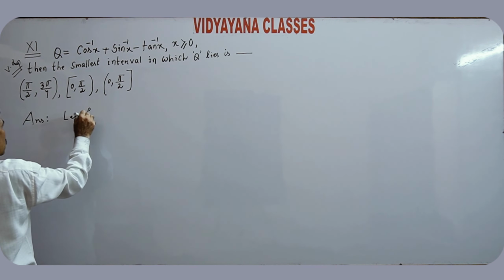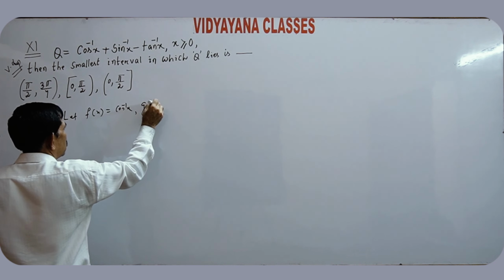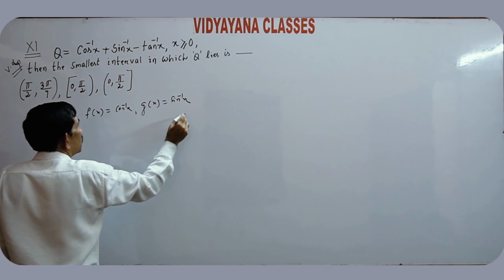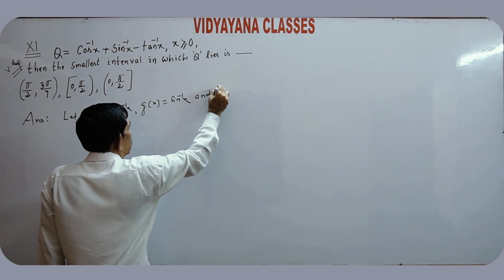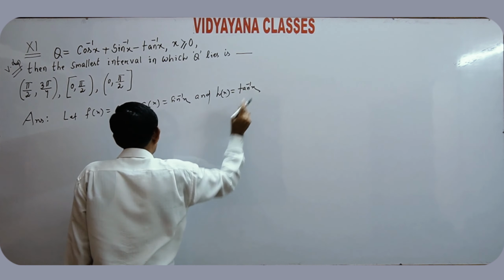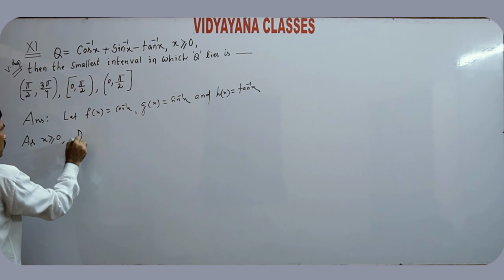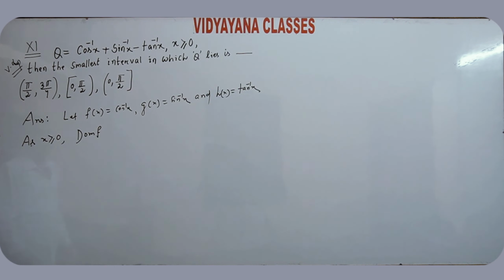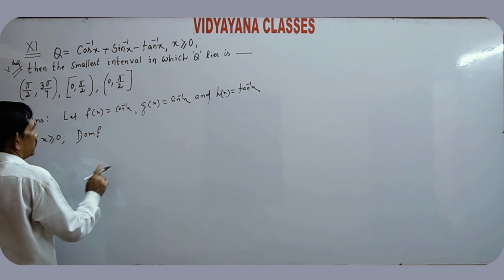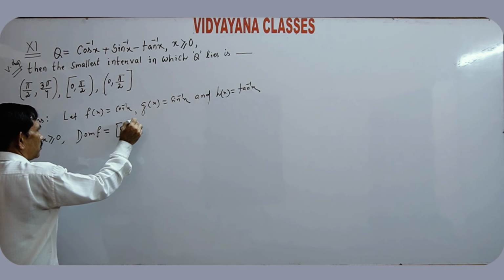Let f(x) be equal to cos inverse x, g(x) be equal to sin inverse x, and h(x) be equal to tan inverse x. As x is greater than or equal to 0, the domain of f, that means f(x) equal to cos inverse x, is [0, 1].